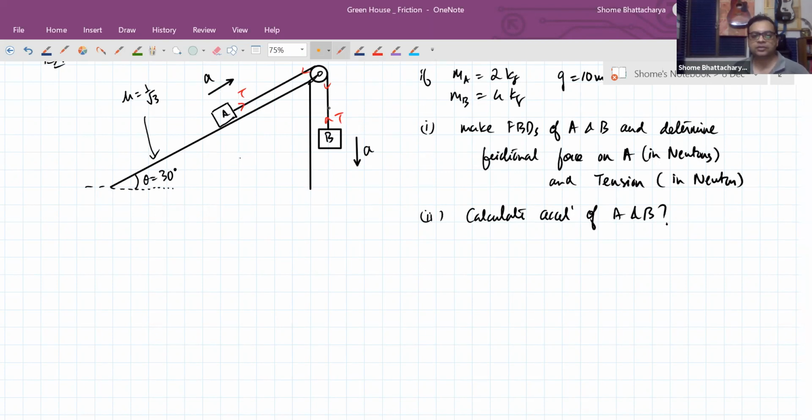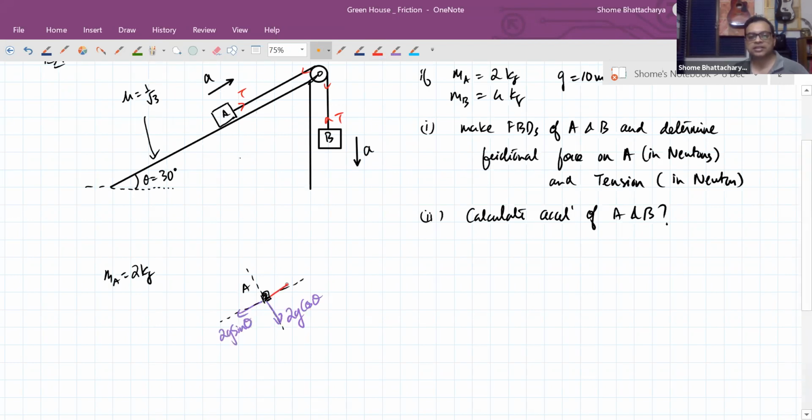So they will have the same magnitude of acceleration. Now it's just a matter of the free body diagrams. Remember the mass of A is 2 kg. So I will directly show the components of weight in terms of the mass only. This is 2g cos theta, and this is 2g sine theta.